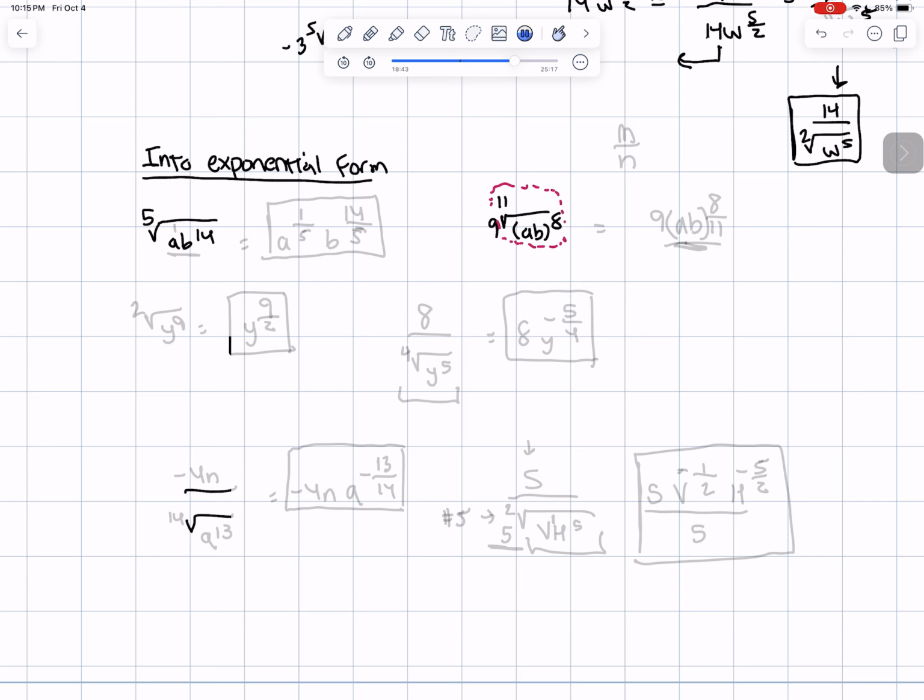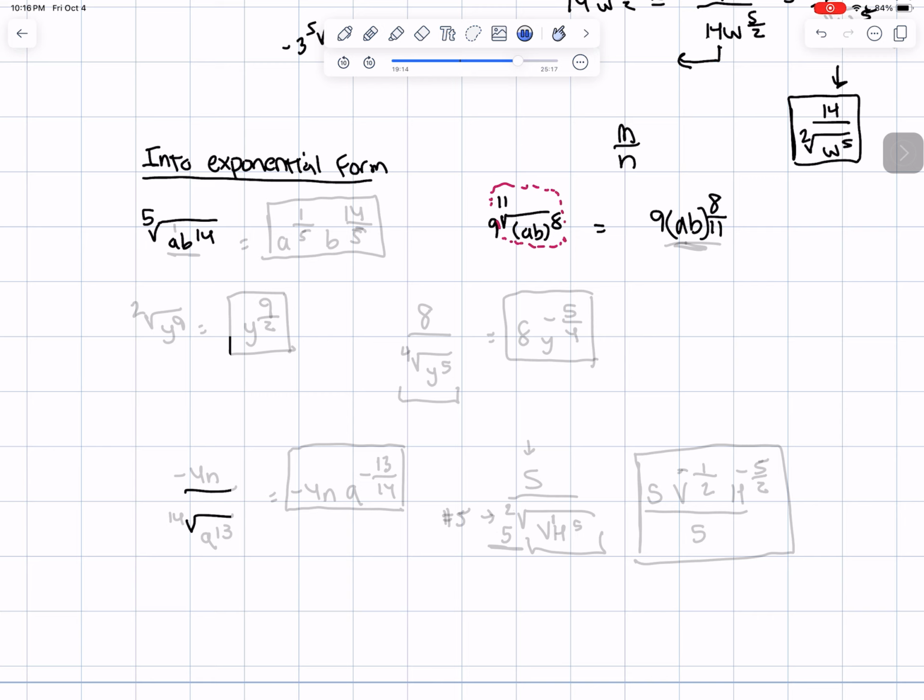Well, if they're combined, I have to write my expression as (ab) to the m over n. So I know my n goes on the bottom and my m's on the top. So my m is 8 and my n is 11. And then that 9 is going to want to go on the front. But the reason why we write it as ab together is because we have the parentheses.